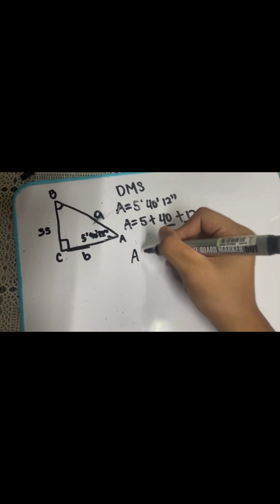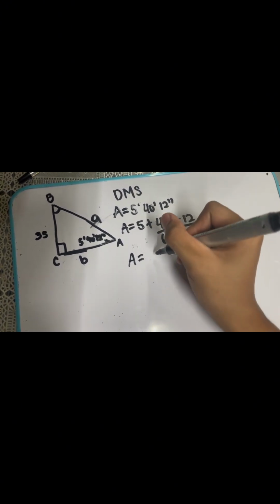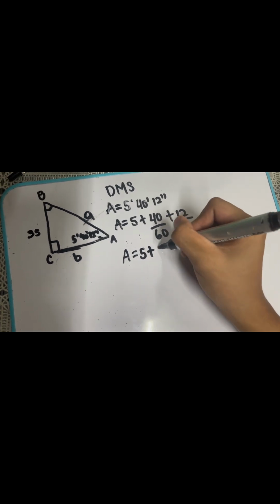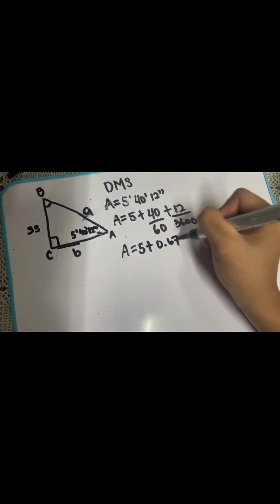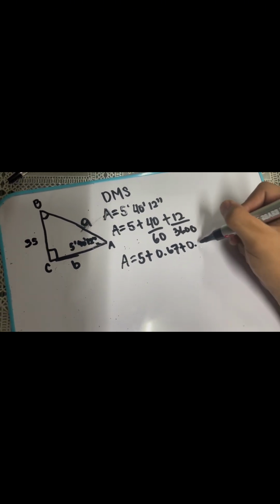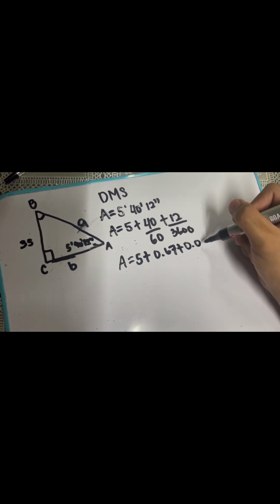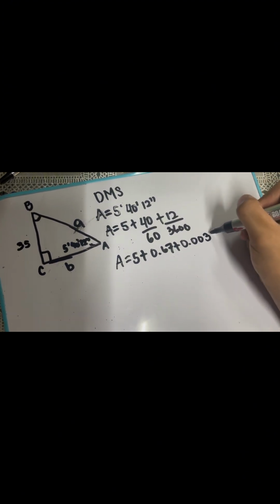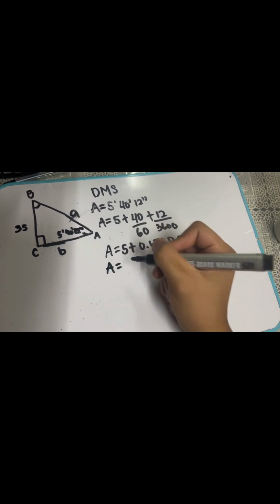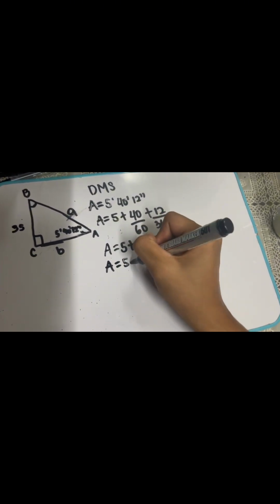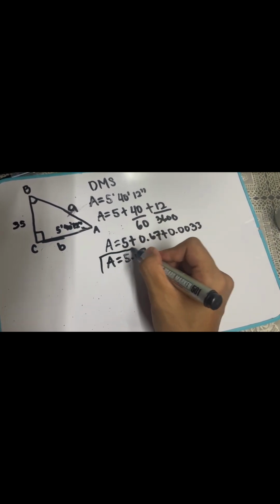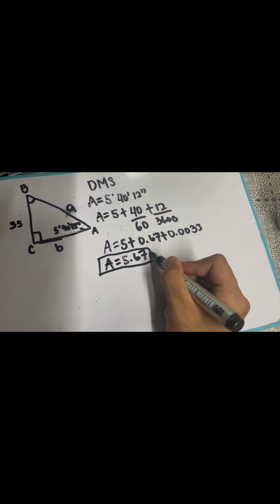So A is gonna be equal to 5 plus 0.67 plus 0.0033. That's gonna be our final answer for the big letter A.